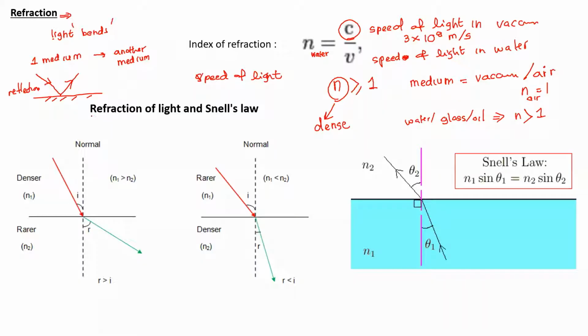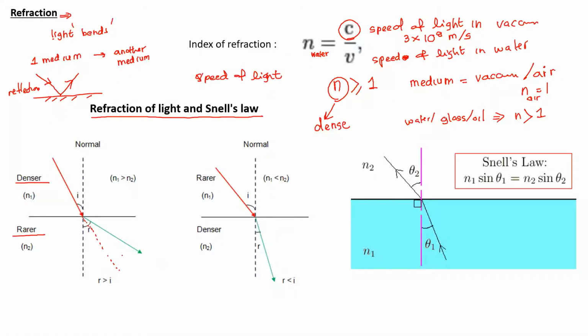So let's see how this bending or refraction happens. Like I said before, when light moves from one medium to another, the path changes. In other words, the direction deviates or light bends. Initially this red ray was supposed to go in this direction, the dotted line. But when it goes from a denser medium to a rarer medium, it gets more freedom, more speed for the light.